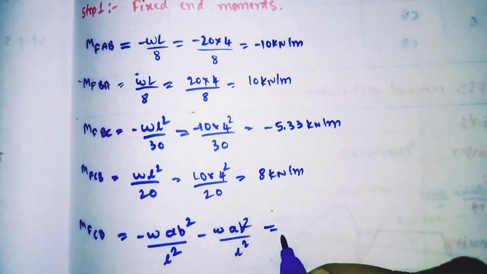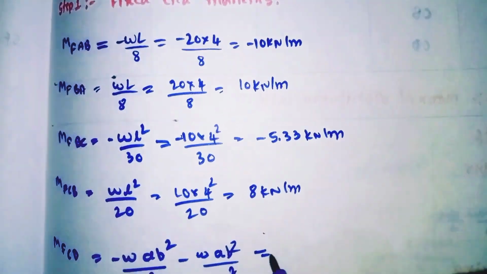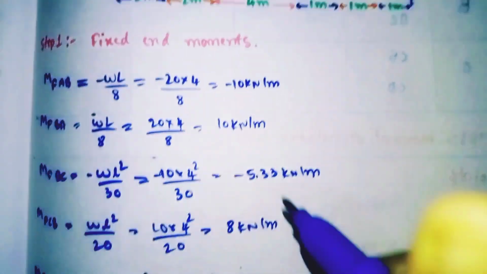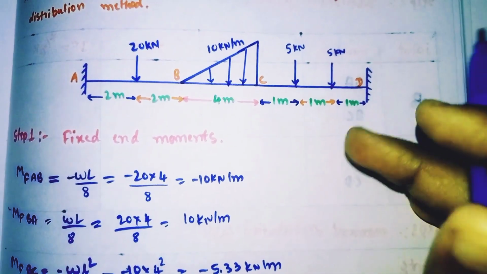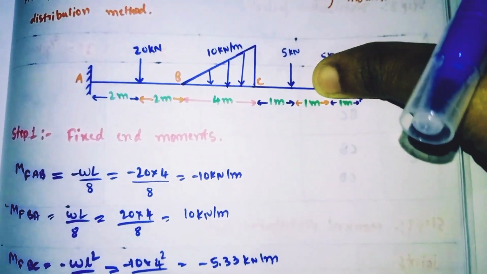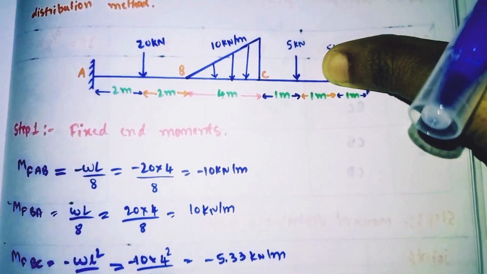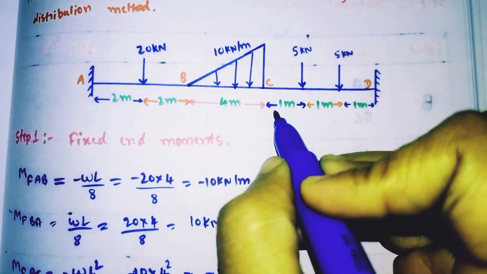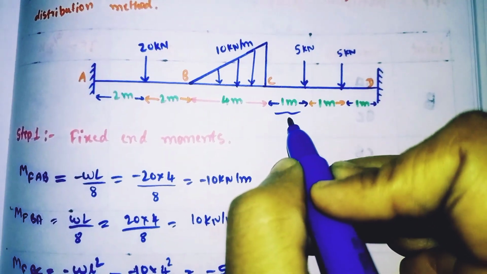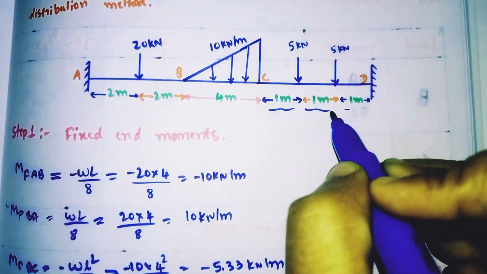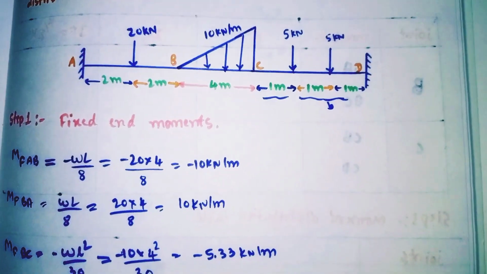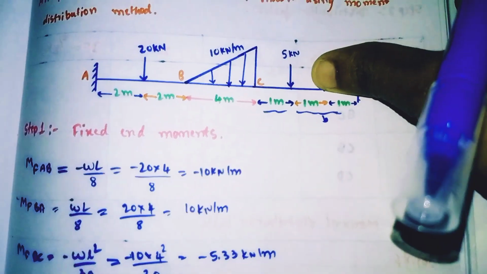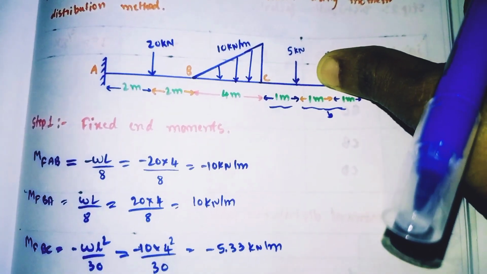Look here, our load is 5. First we have to consider only one point load. It means from here to here becomes the A value, that is 1, and from here to here becomes the B value, when we consider only the first point load.